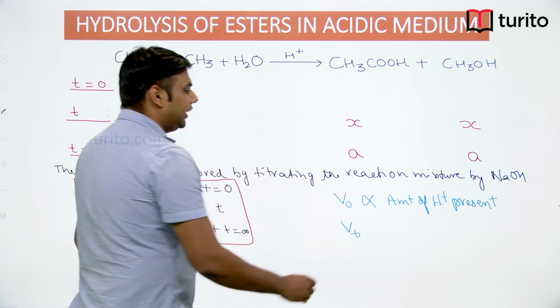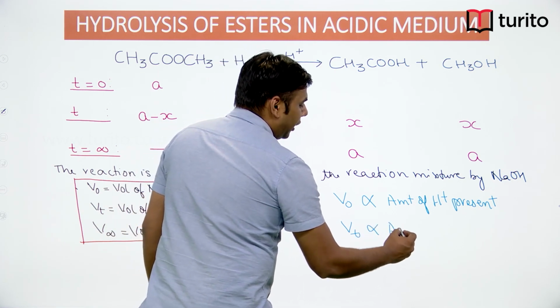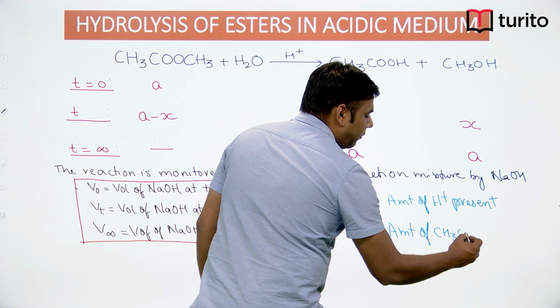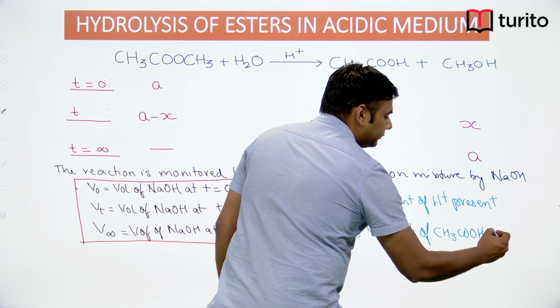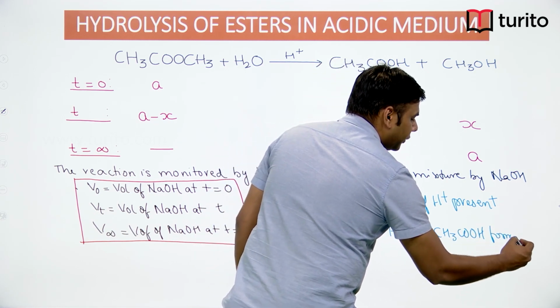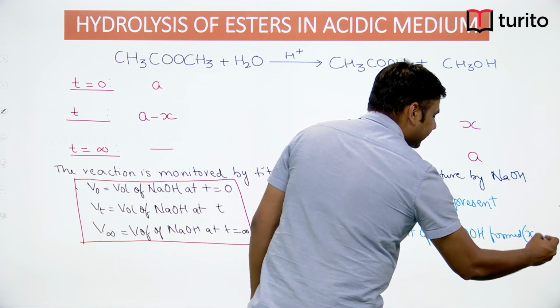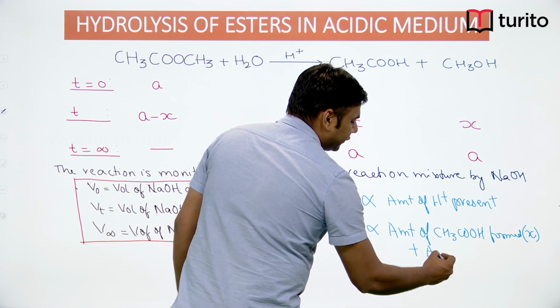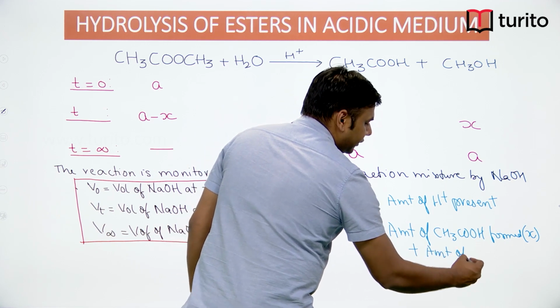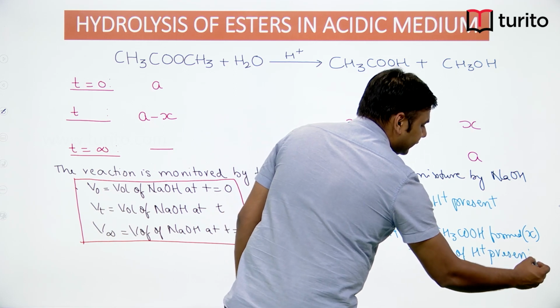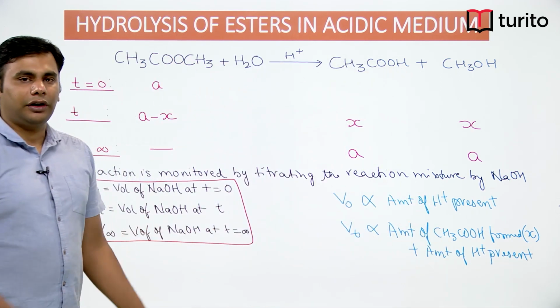So we will say that Vt is proportional to the amount of acetic acid formed, okay, which is x in this case, plus the amount of H plus present because it is a catalyst. So at every stage of the reaction it is regenerated back and its amount remains the same.